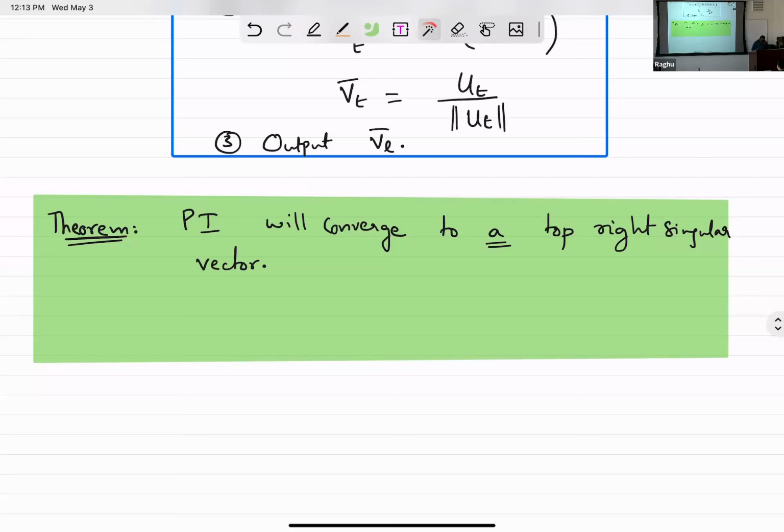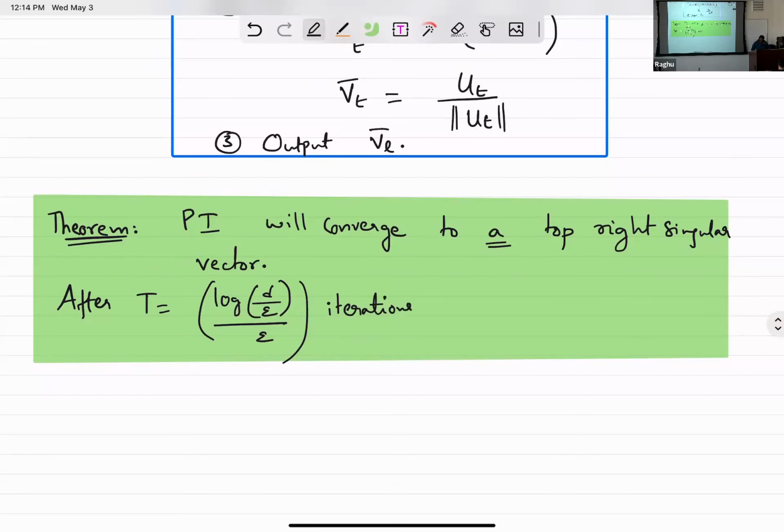Okay. And what you can say is something actually very nice. So if I run it for these many iterations, log of d over epsilon by epsilon many iterations, then the vector that you have at the end of these t iterations is a unit vector, and it almost maximizes x times v.